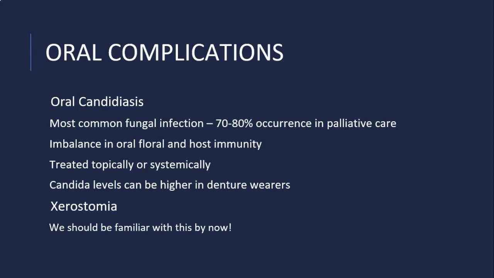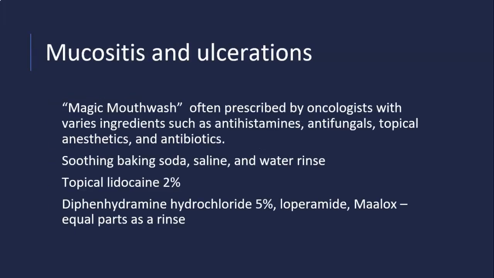And this can be treated topically with a nystatin rinse or something, or some kind of a pill. Possibly they might have a systemic pill. Candida levels can be higher in denture wearers. We know we've got to be aware of that. Of course, always there's the dry mouth, and we know that by now. We're going to talk that to death this semester.